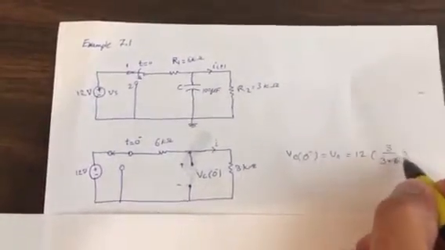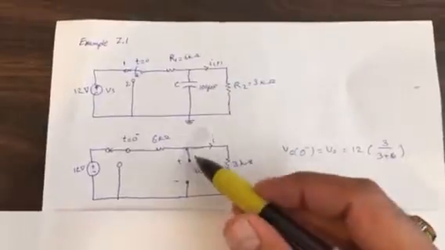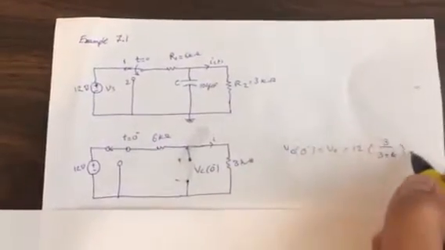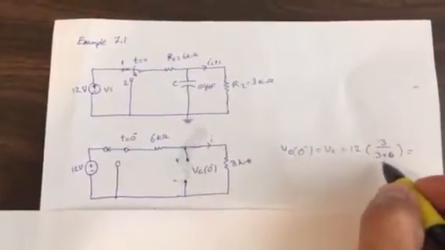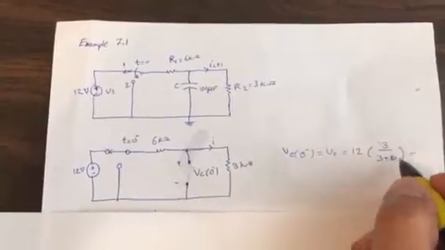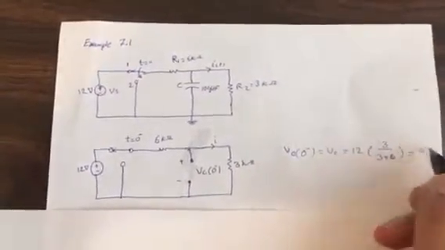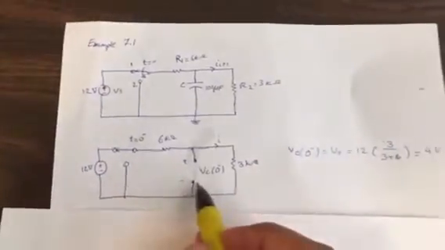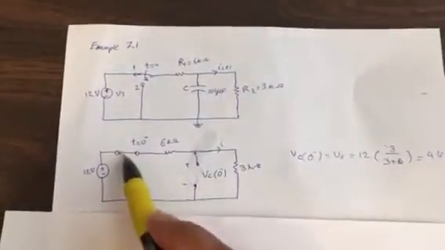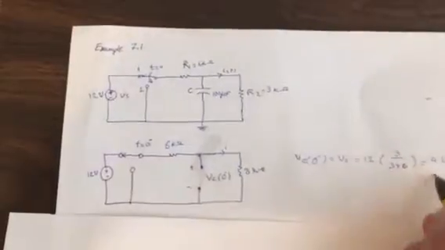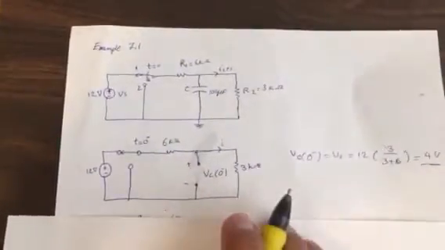That is the amount of voltage that appears over here. So this is 12 times 1 over 3, which is 4 volts. So the V0, before we go from this point to this point, is 4 volts. So we remember that.